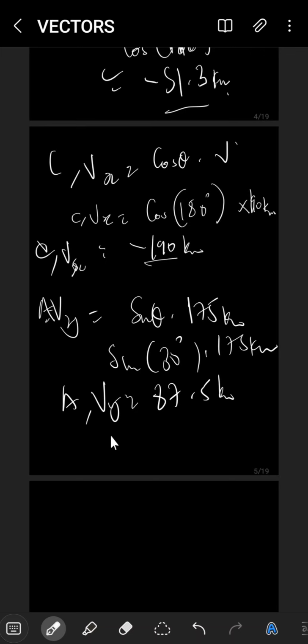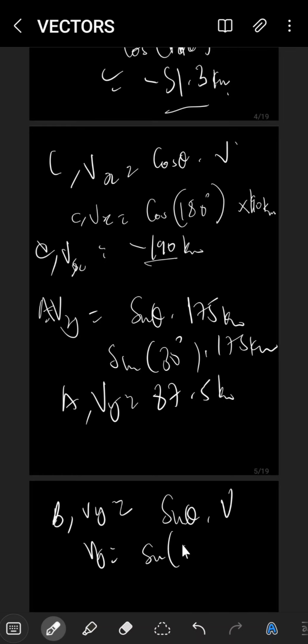This is for A. Okay, B will be sine theta multiplied by its magnitude, so Vy is equal to sine 110 degrees, magnitude 150 kilometers. So sine 110 multiplied by 150, so we'll have 140.95, let's just say 141 kilometers.